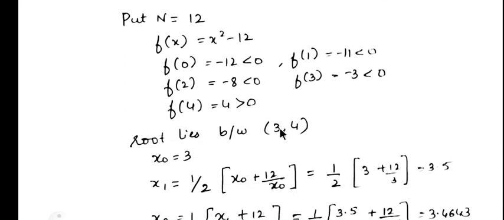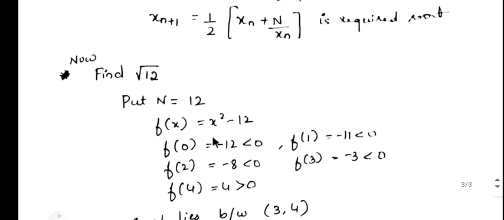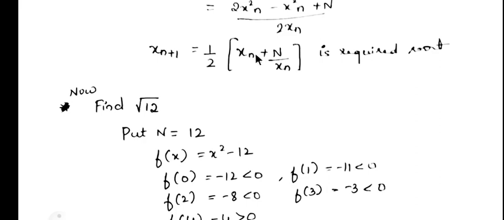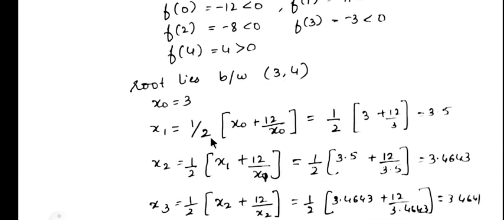Then x0 is equal to 3. x1 is equal to, for this we have the formula, that is 1 by 2 xn plus n by xn. x1 is equal to 1 by 2 x0, we are calculating the first iteration, plus n which is 12 by x0, which is equal to 1 by 2, 3 plus 12 by 3, take the LCM, simplify, 3.5 is your answer.